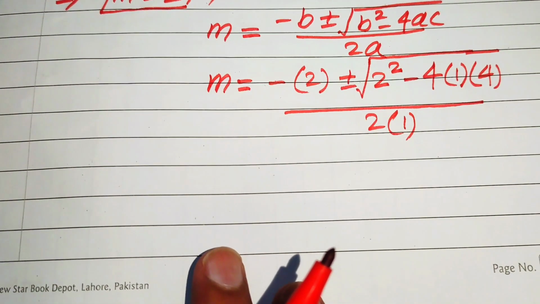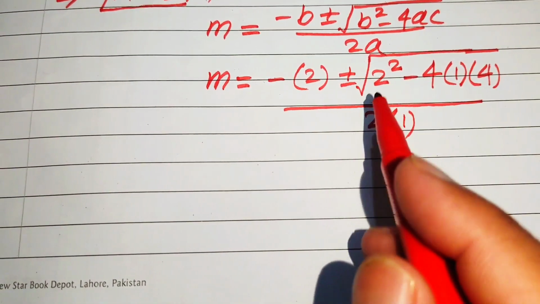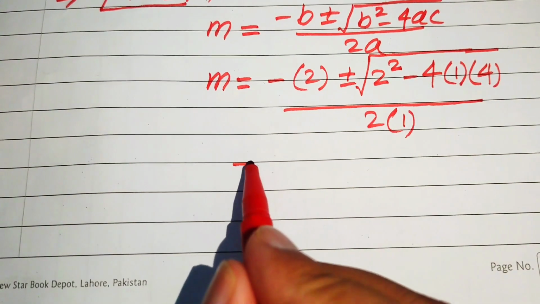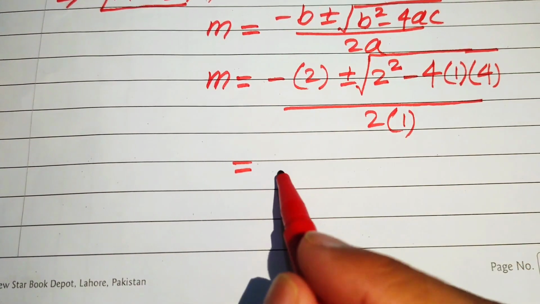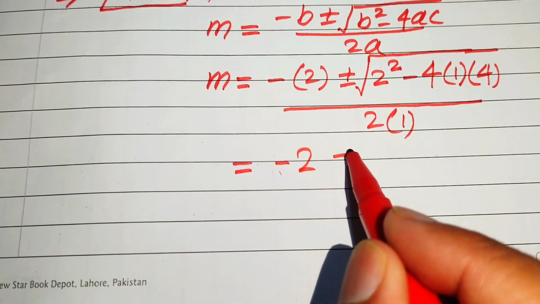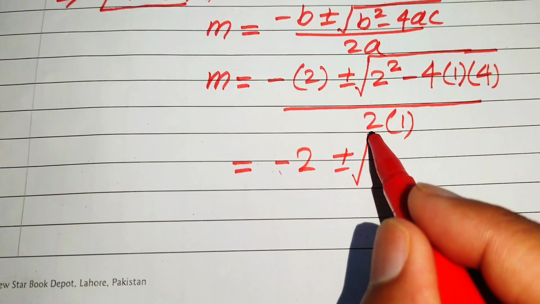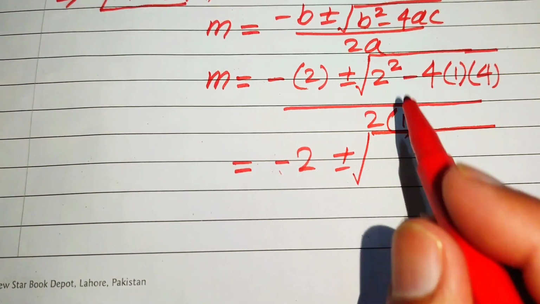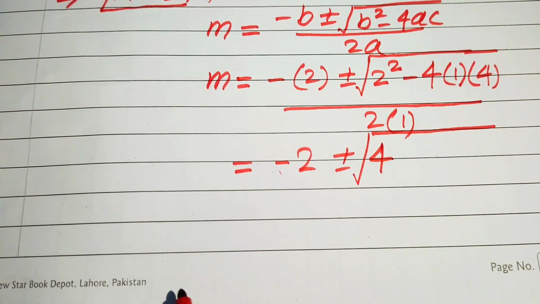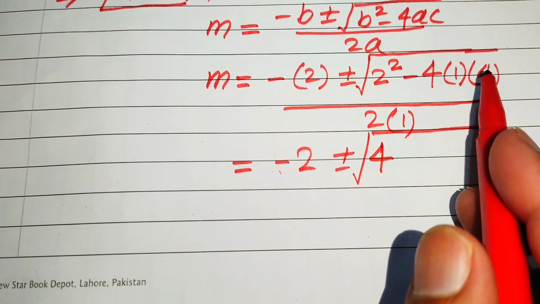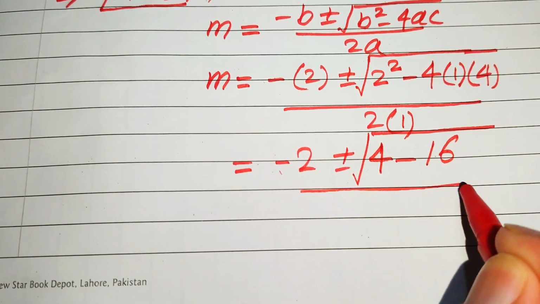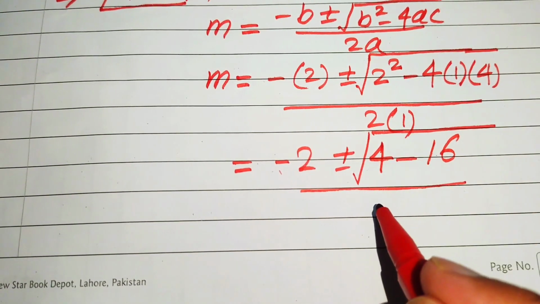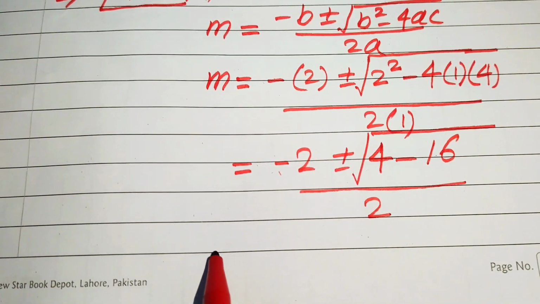Now in the next step we need some simplification. We just find the value of m in simplified form. Here you have minus 2 plus minus square root of 2 square, and 2 square becomes 4, and 4 times 4 becomes minus 16, divided by 2 times 1 equals 2.